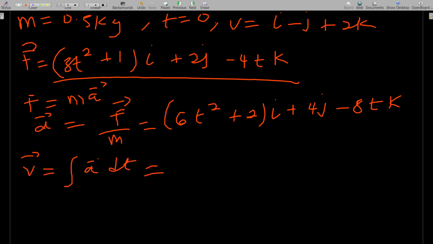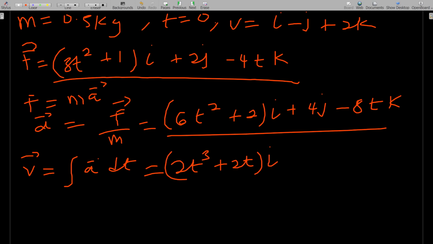Now this is equal to integrating every term here. I'm doing it straight away this time. So 6 over 3 t cubed gives me 2t cubed, plus 2t i, plus 4t j, minus 4t squared k, then plus a certain constant, let's say a.